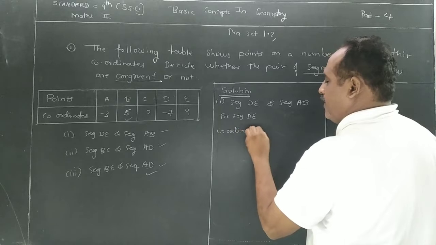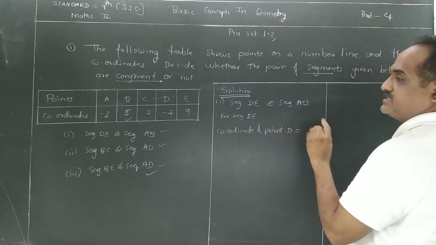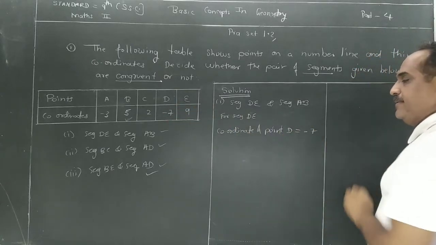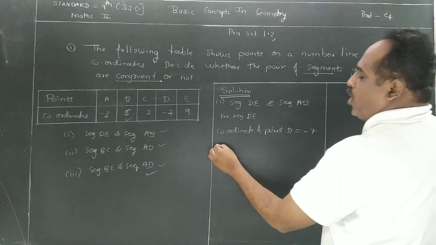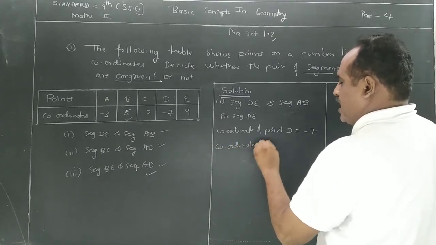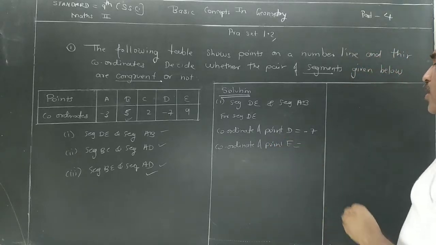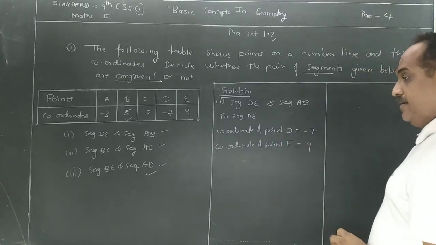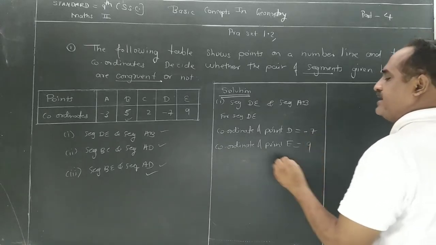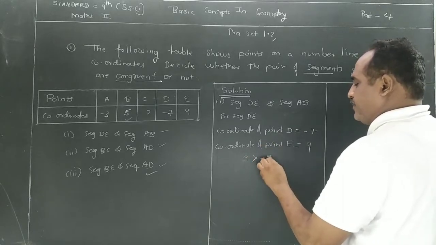the coordinate of point D. D का coordinate कितना है? That is -7. And coordinate of point E is 9. So, which one is greater among them? 9 or -7? Of course, 9 is greater than -7.